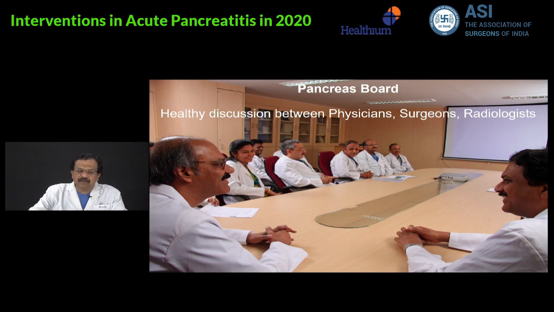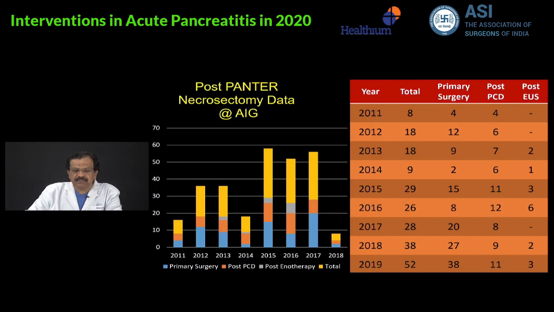So in our department, in our institute, we have a pancreas board which constitutes physicians, interventional radiologists and surgeons who decide which type of procedure the patient has to undergo so that we have the least morbidity and mortality. And you can see that post-PANTER trial, initially there was an increasing number of patients undergoing interventional radiology procedures, but with more and more data coming in, you can see more endoscopic ultrasound.